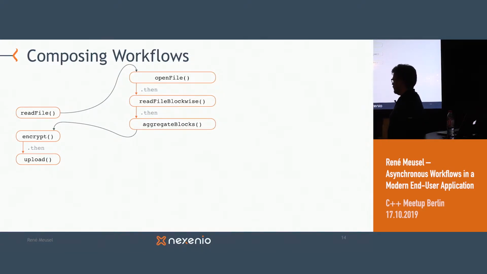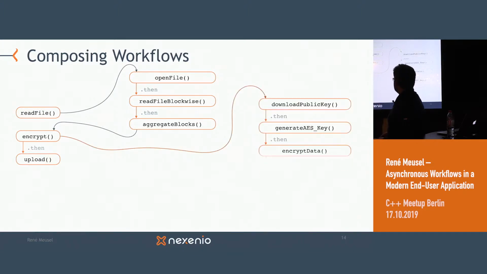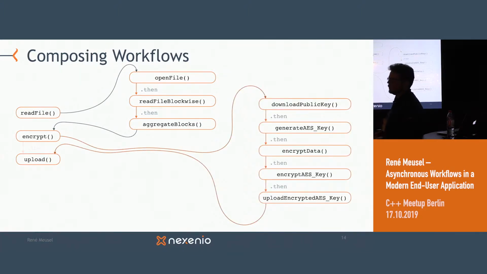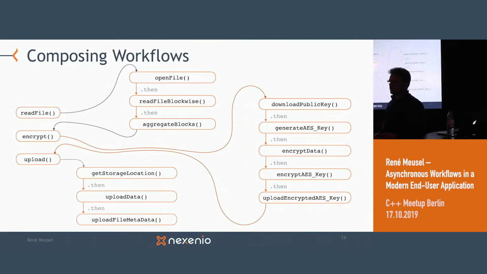Let's not talk about streaming here to keep it simple. The result of this aggregation is then passed into encrypt, which on its own is fairly complex. It might even need to talk to the network. It might need to generate some keying material, encrypt it, and so on and so forth. And the same is true for uploading. So all of these steps are in their own right a small asynchronous operation, chained together by these continuations.